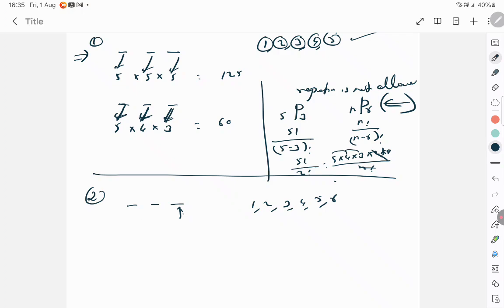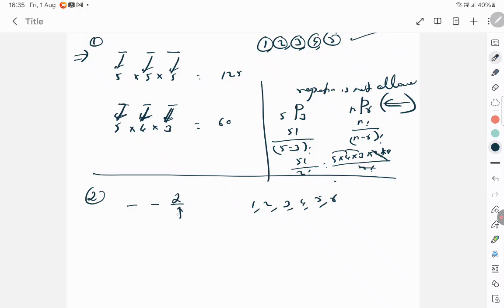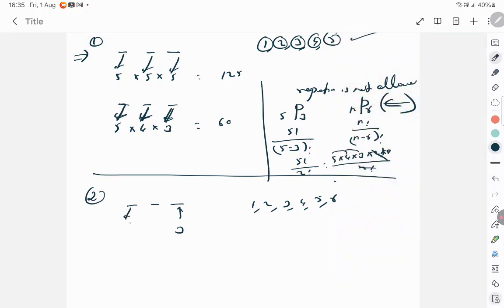Since it has to be an even number, this place can be 2 or 4 or 6, which is only 3 different ways in which you can fill this. And for the rest of the places any number can come because repeats are allowed. So this is 6 and 6 because 6 numbers are available. So that's the answer for this.